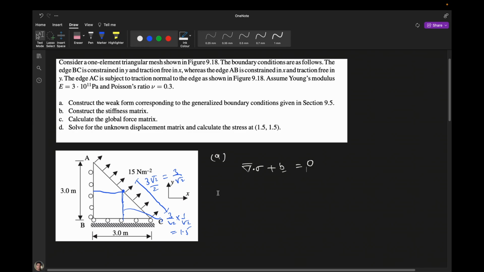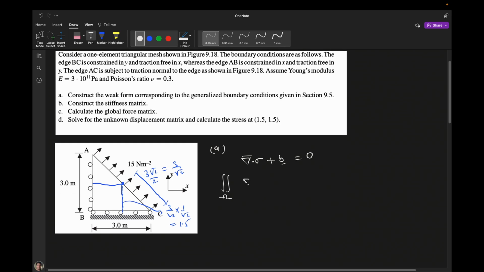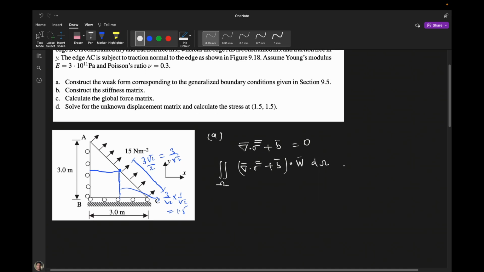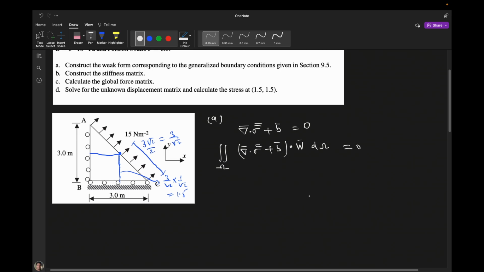If we take the weighted residual of this equilibrium equation, then we get the integral over omega of del dot sigma, and since sigma is a second order tensor, plus B vector, dot W vector, d omega, equal to 0. So this is the weighted residual.